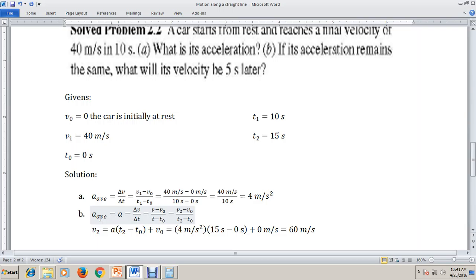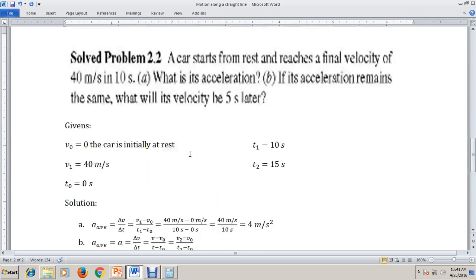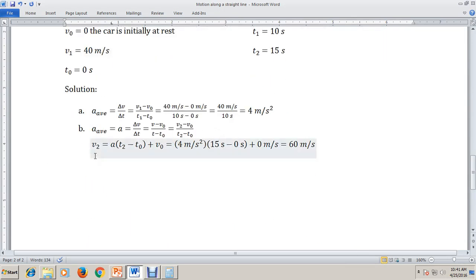Okay, so given that a is equal to delta v over delta t, v minus v sub 0 over t minus t sub 0 becomes v sub 2 minus v sub 0 over t sub 2 minus t sub 0, for the later time, 5 seconds on top of 10 seconds. What is asked here is the velocity after, so in our set of givens, we're looking for v sub 2.